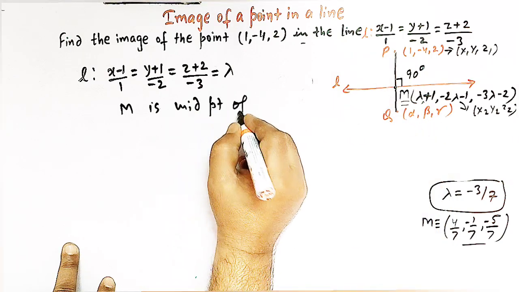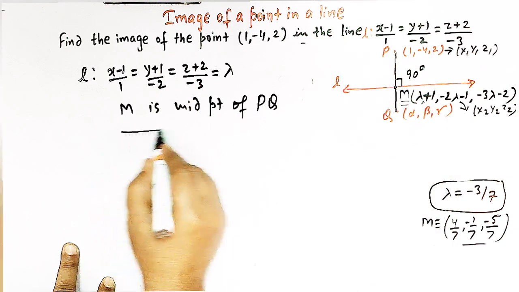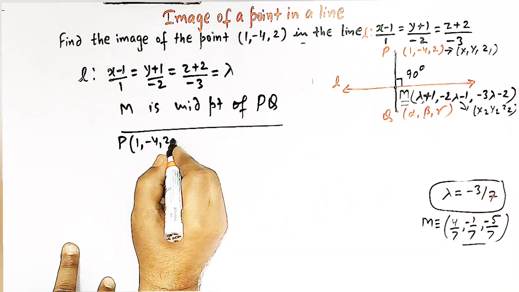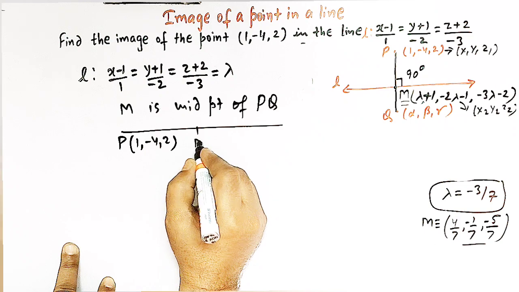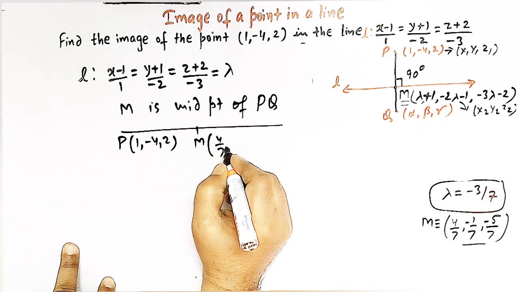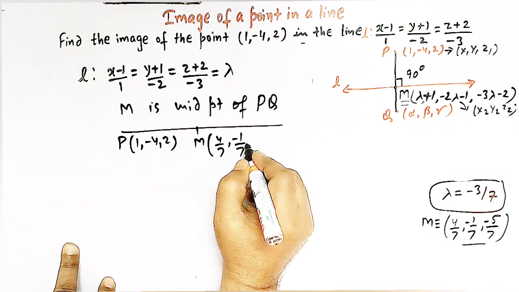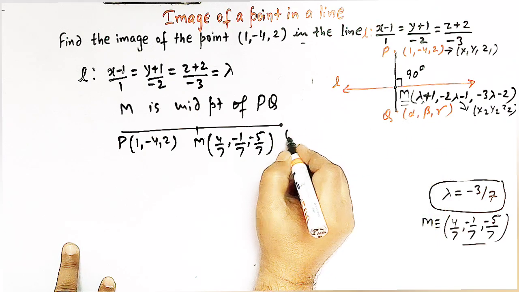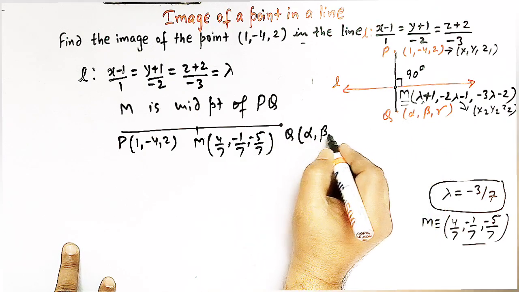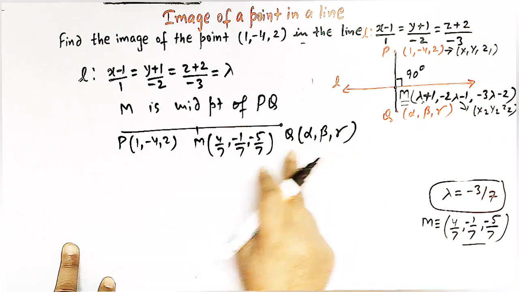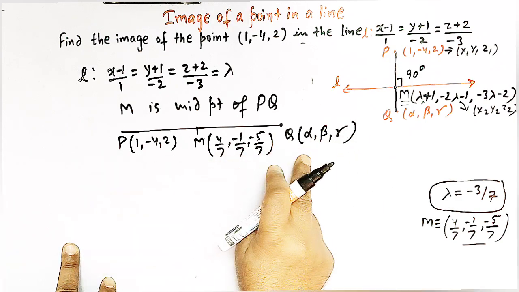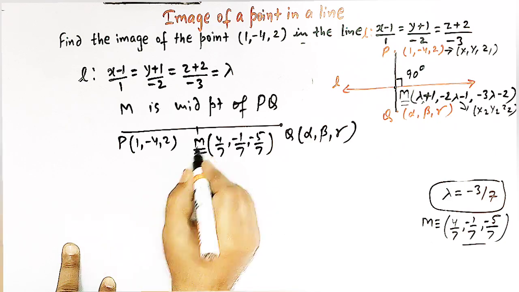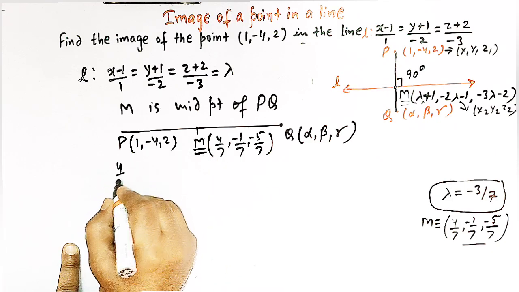So here this is P, that is 1, minus 4, 2, and M is given by 4 over 7, minus 1 over 7 and minus 5 over 7, and Q is alpha, beta and gamma. So here applying the midpoint formula, the coordinate of M is given by 4 over 7.